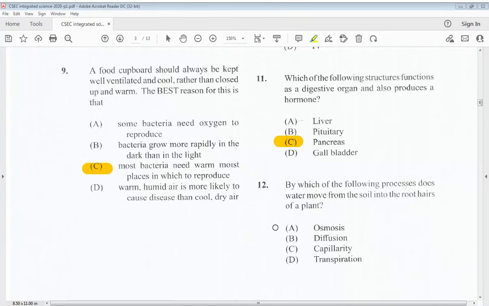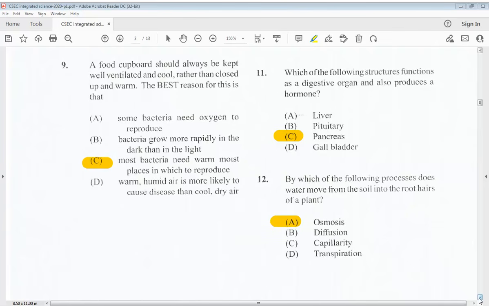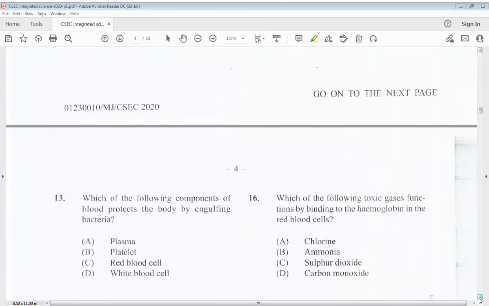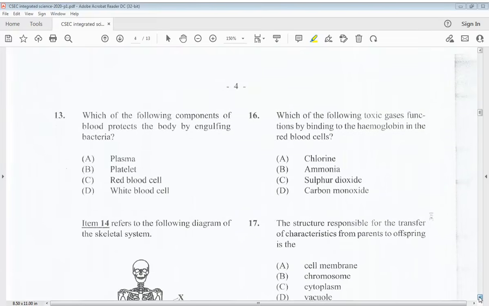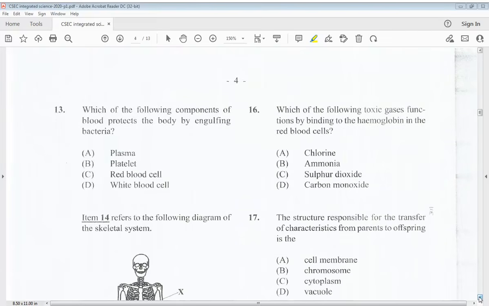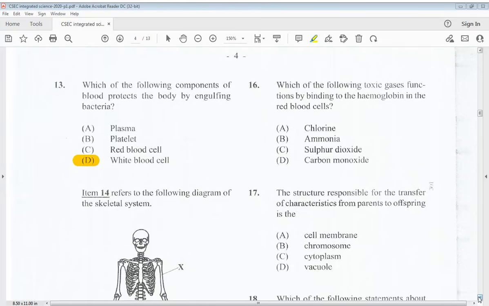The answer for 12 would be A, osmosis. Let's go to number 13. Which of the following components of blood protects the body by engulfing bacteria? We know that is D, white blood cell. Let's go to 14.